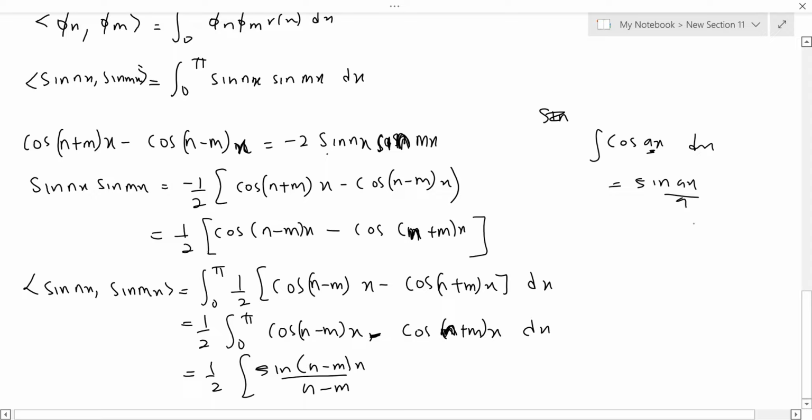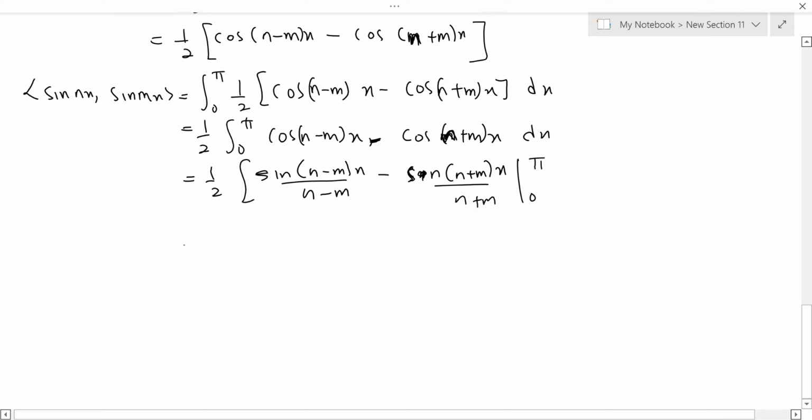So you divide by the coefficient, then plus c. Here the coefficient is n minus m. Then here you get sine(n plus m)x over n plus m. So you take this integral from 0 to pi.